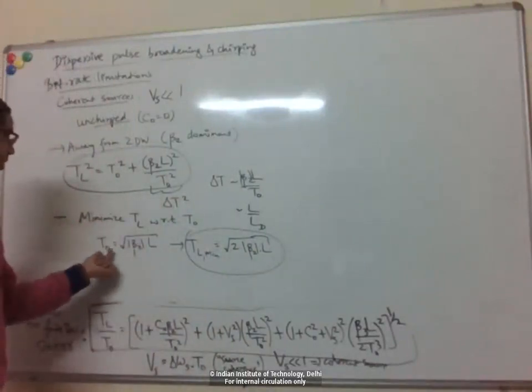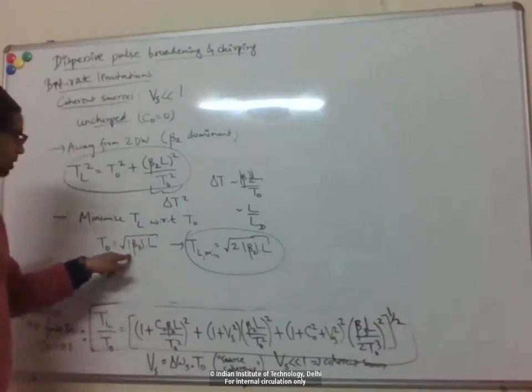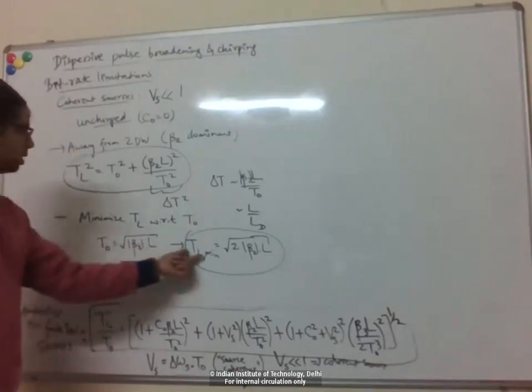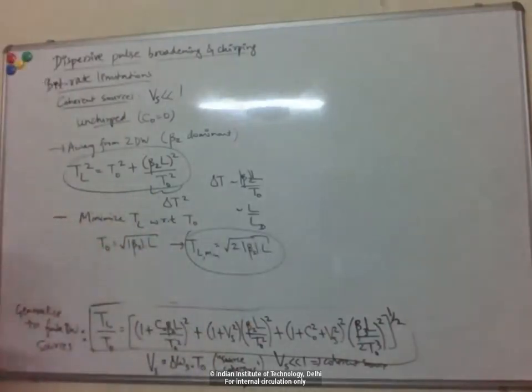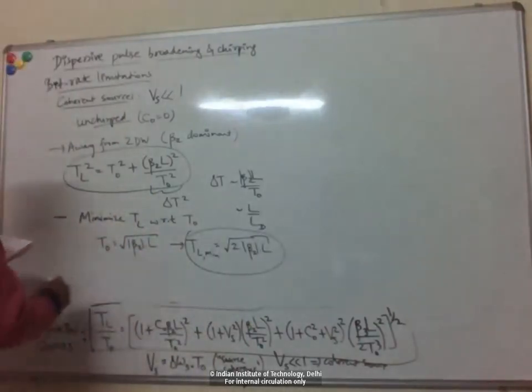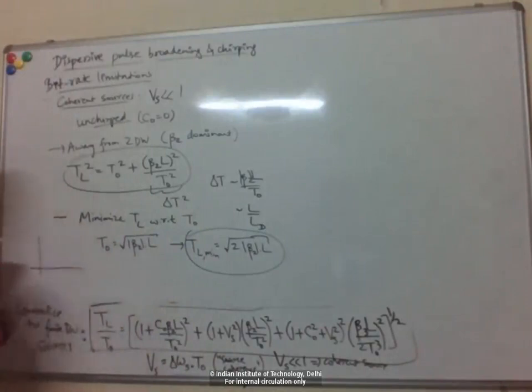For any other pulse width, either higher or lower than this, the received pulse width would actually be longer. So that's one interesting feature of coherent sources. If I plot TL versus T naught, there's actually a minimum.